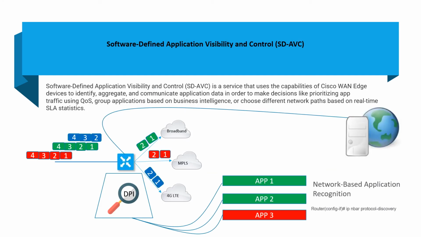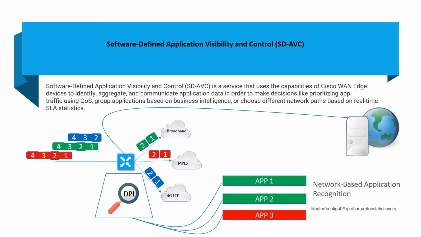Now let's talk about another feature which is called software-defined application visibility and control. In this feature, SD-WAN uses DPI. So it's a DPI engine where you have some sort of signatures already installed, and whenever your traffic passes through the SD-WAN equipment, your DPI engine can detect what kind of application signatures are there, and it can identify what type of application you're transferring.